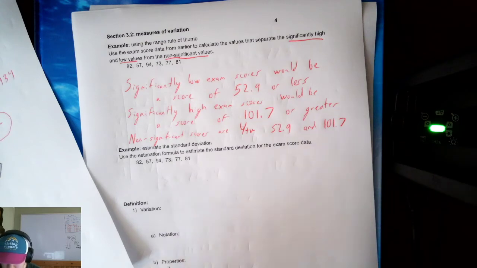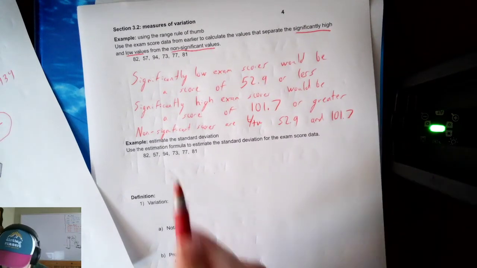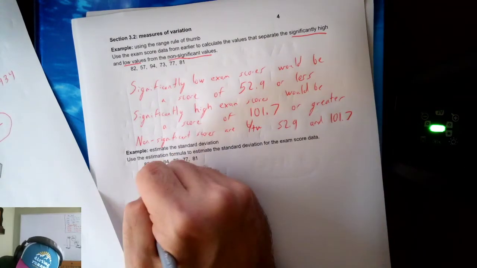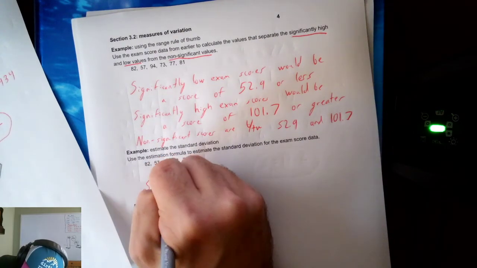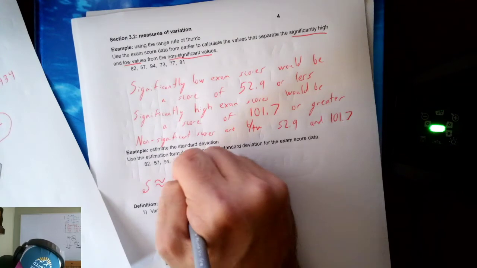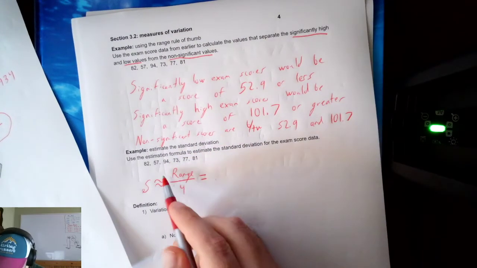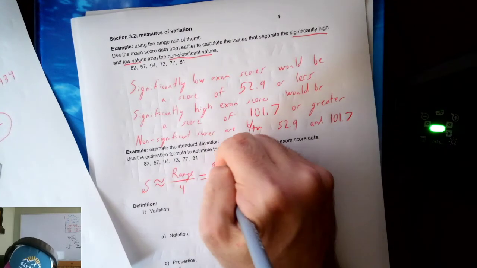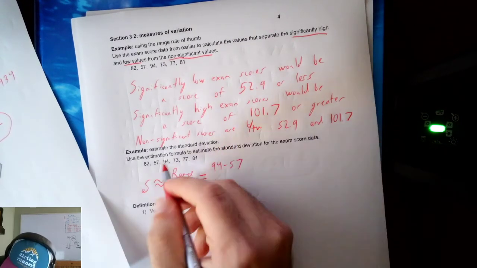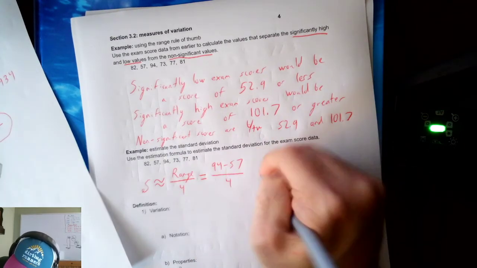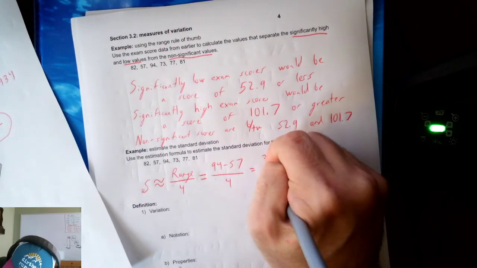Now, our next example. Use the estimation formula to estimate the standard deviation here. So S is approximately the range over 4, and the range, remember, you take the max minus the min. 94 is the biggest, 57 is the smallest. We already calculated the range, but it's good to see it again, which gives us 37, right?